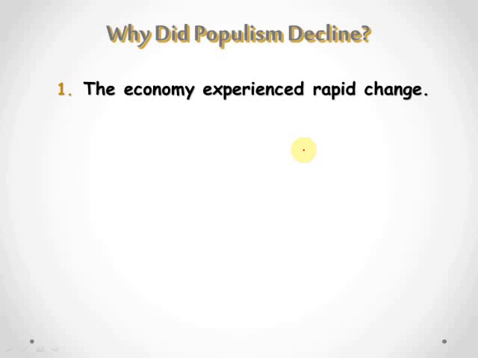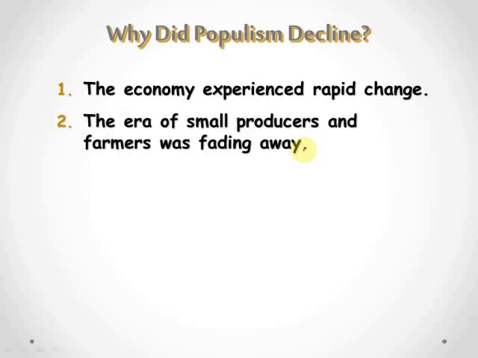America was becoming more what at this time? Economically? Industrialized. So, while these farmers were fighting for their rights, was the economy moving in that direction? Not really. And so point 2 is that the era of small producers and farmers was fading away. So yeah, you can fight for populism, but unfortunately the economy is not moving in that direction.